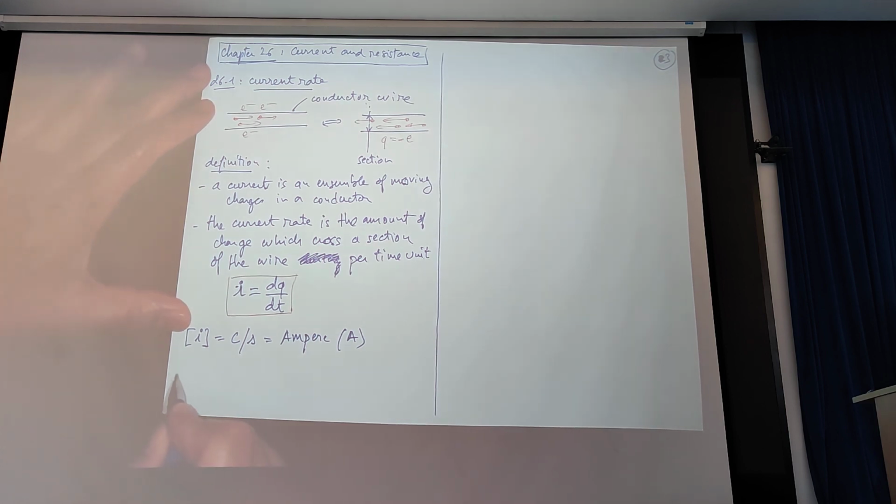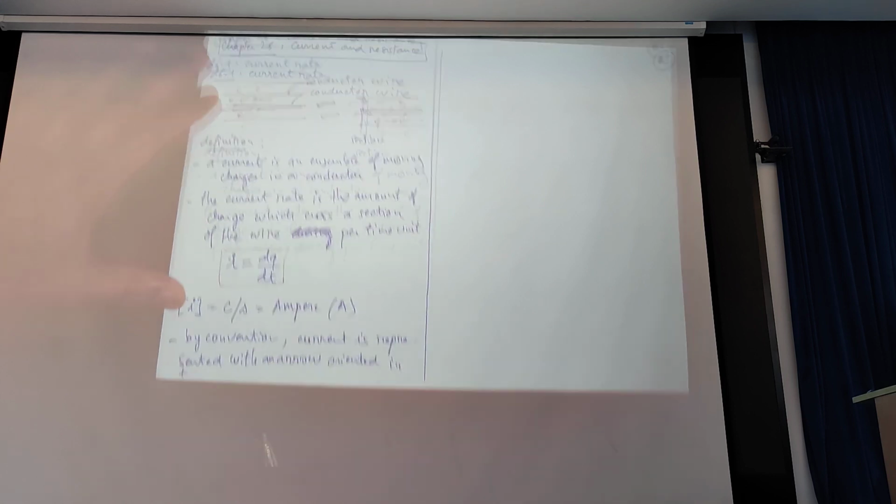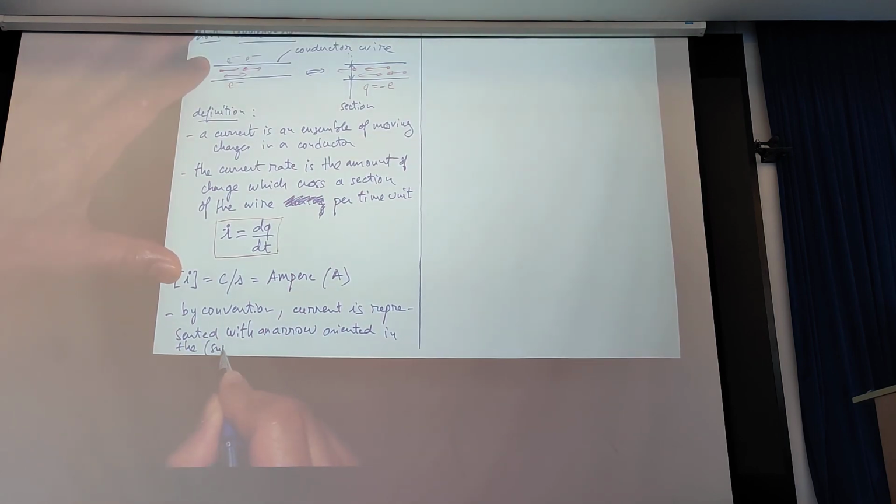Just by convention, it's only a convention, current is represented with an arrow, oriented in the supposed direction of positive charge, because we do not really know.